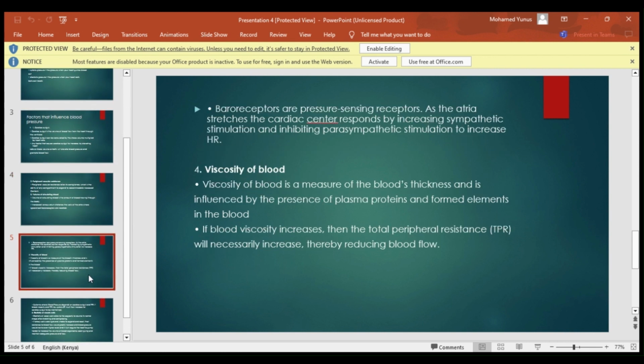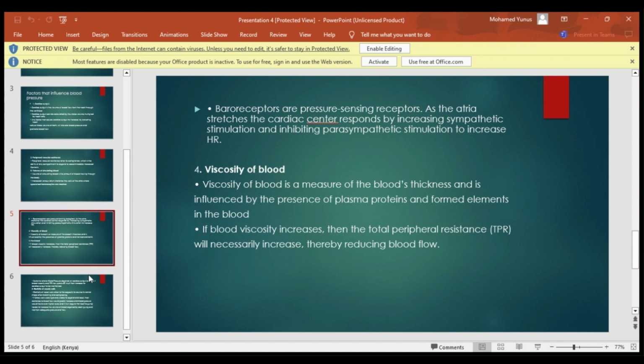What are these baroreceptors? Baroreceptors are pressure sensing receptors found in the atria. As the atria stretch, the cardiac center responds by increasing sympathetic stimulation and inhibiting parasympathetic stimulation to increase the heart rate.